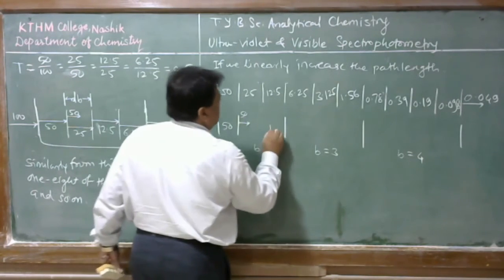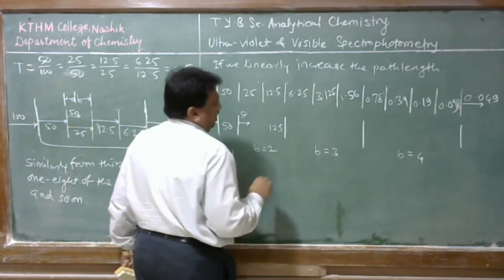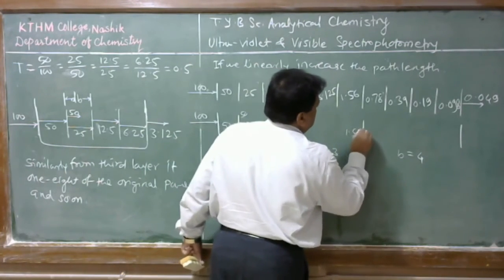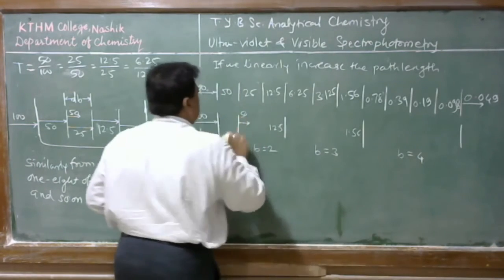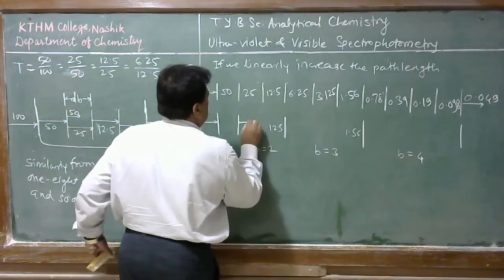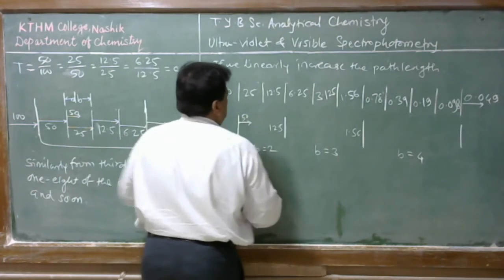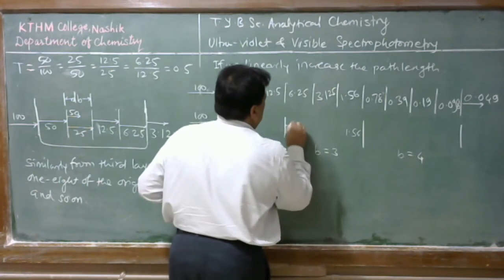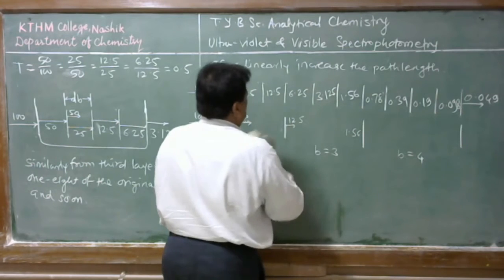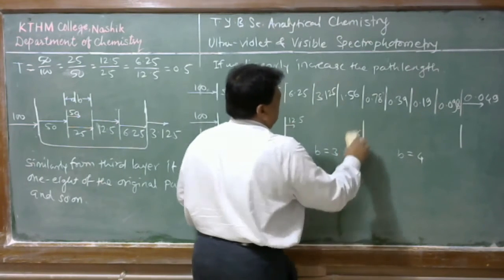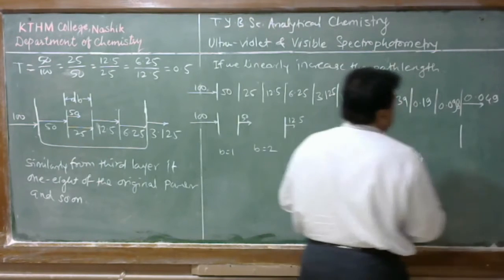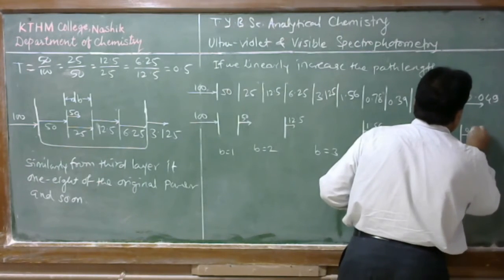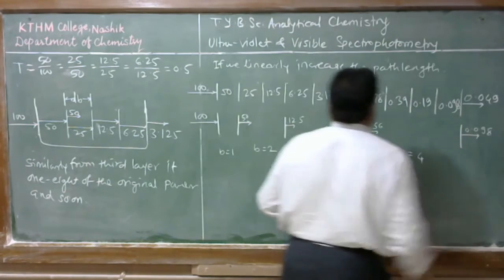Therefore, here we can write transmitted, that is 50, here transmitted is 12.5, here transmitted is 1.56, here transmitted is 0.098.